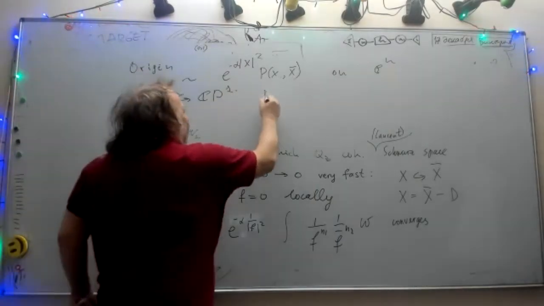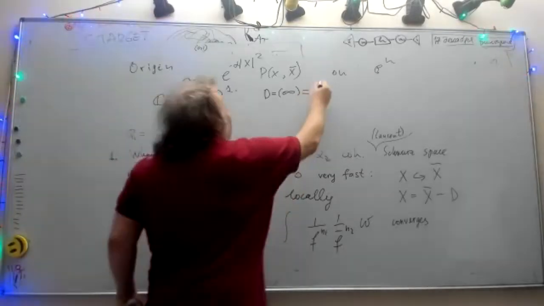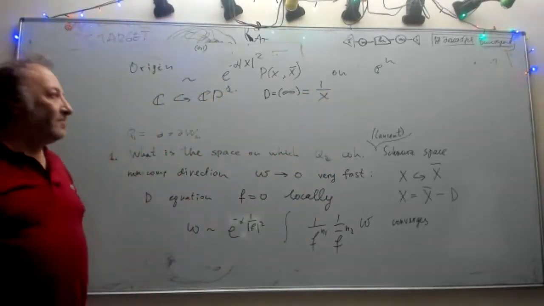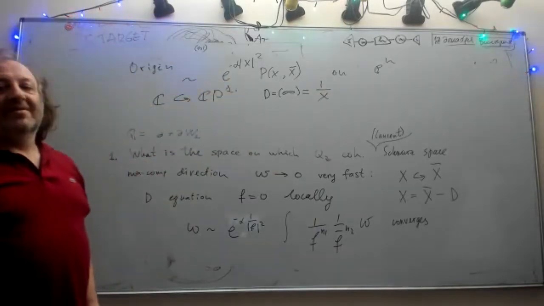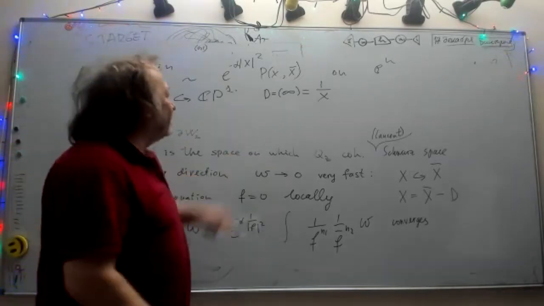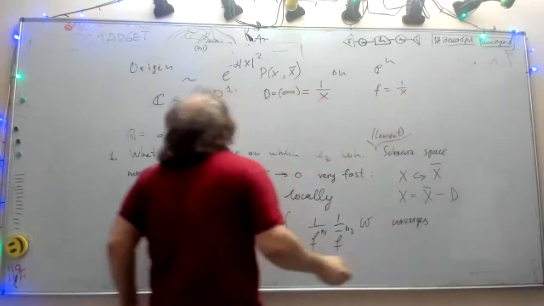Equation, so divisor, that is infinity, is 1 over x. So what does it mean to write down this term? It actually means that the function for infinity is 1 over x.